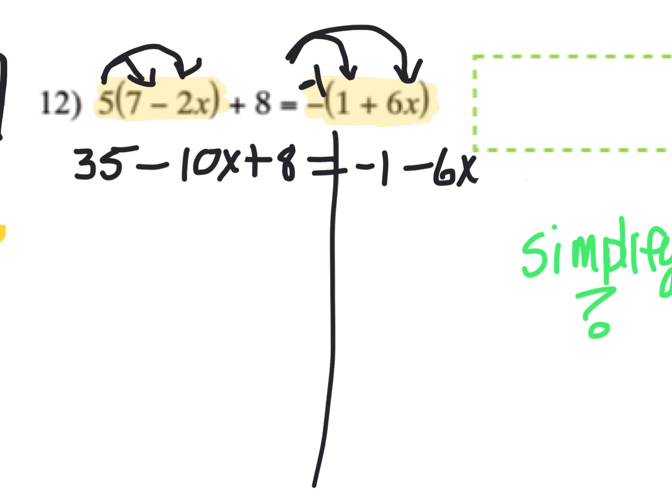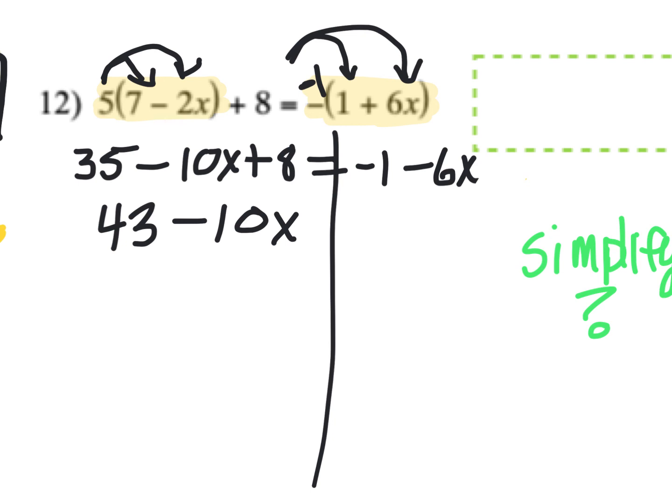So I'm going to assume you paused the video and you took a look. Okay, and you tried it. Okay, so here, 35 and 8 are both on the same side of the equal sign, and they're like terms. So we can put both of those numbers together, and if I combine those, I get 43. The minus 10x just needs to come down because I can't combine the 10x.